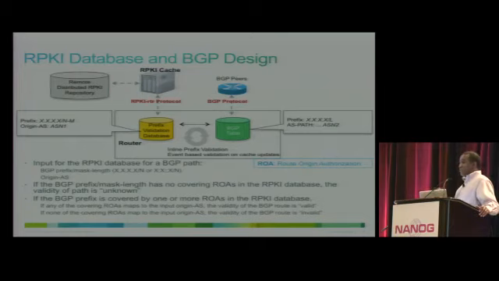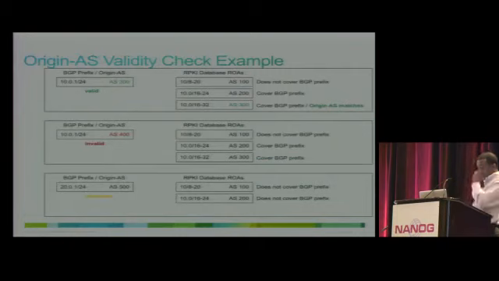So what you do is you receive this from the registries, and then when you receive a route from a service provider or a peer, you can check it against the database automatically. And then it will classify the validity status. So here is an example.